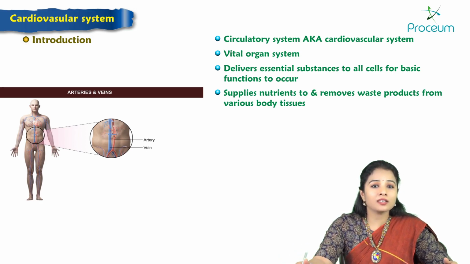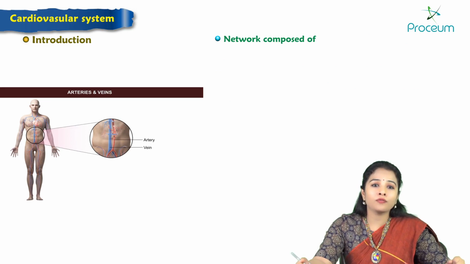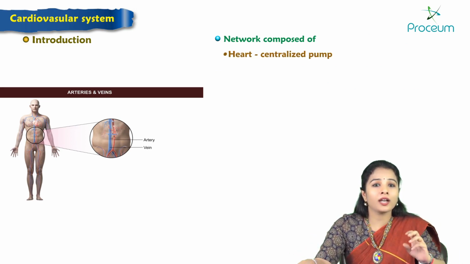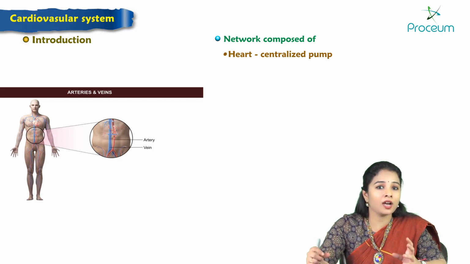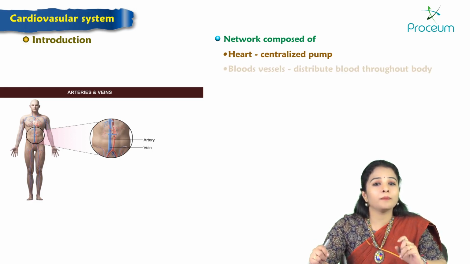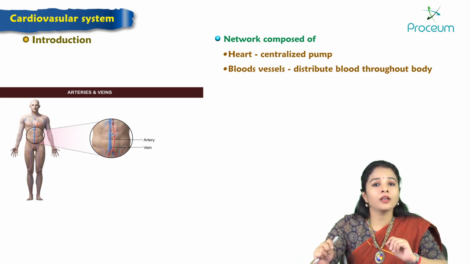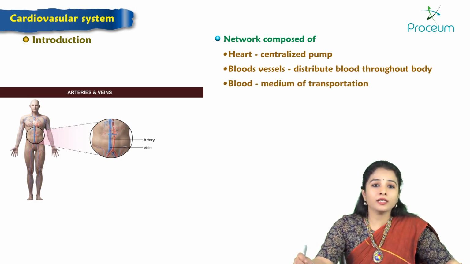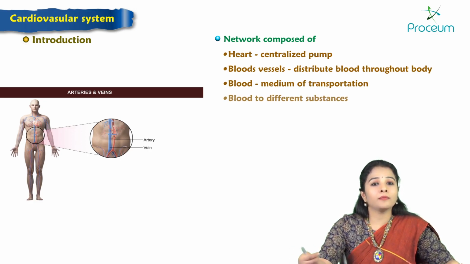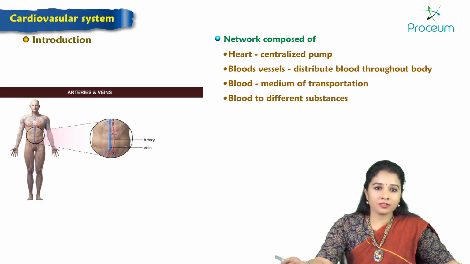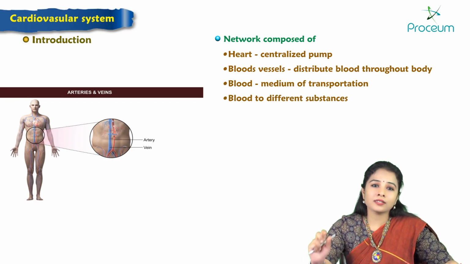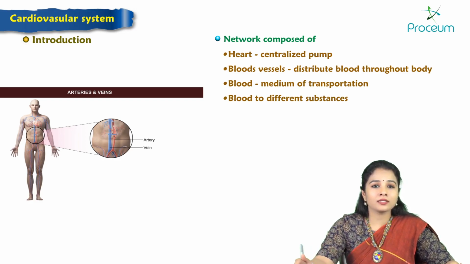The cardiovascular system is a network composed of the heart, which is a centralized pump, and blood vessels that distribute the blood throughout the body, and blood serves as a medium of transportation for the different substances. So that is about the basic idea of cardiovascular system.